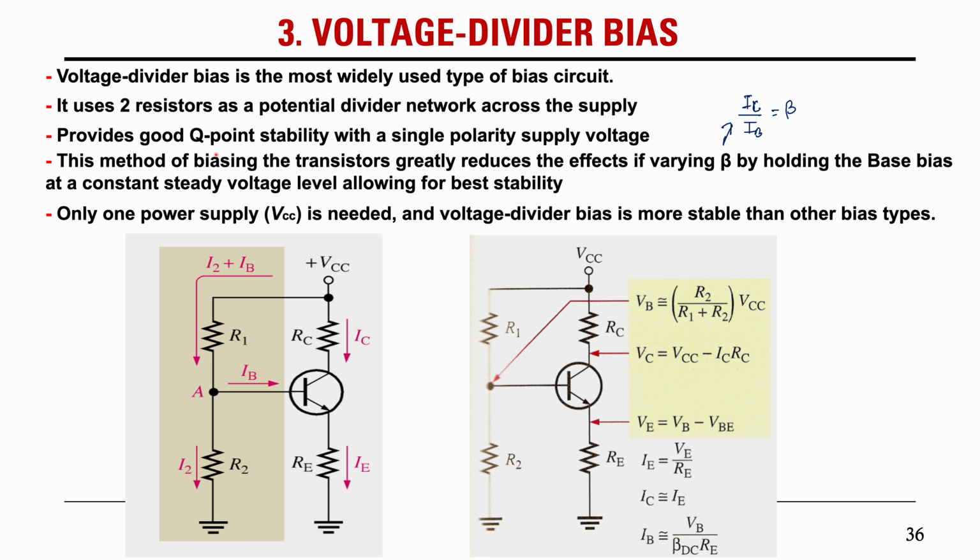The Q point will remain. That's why the voltage divider bias has a stable Q point, even though the beta is varying.